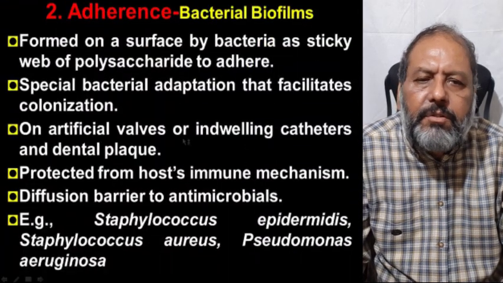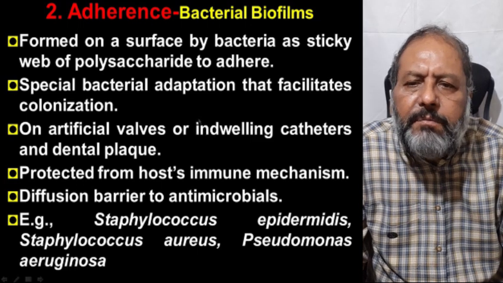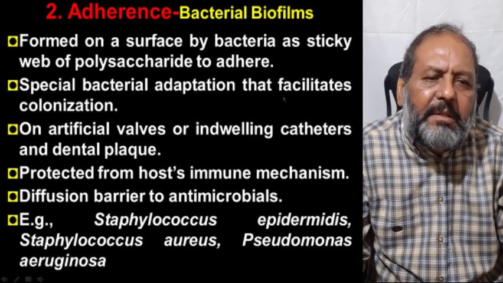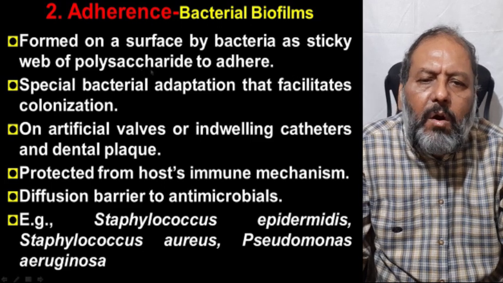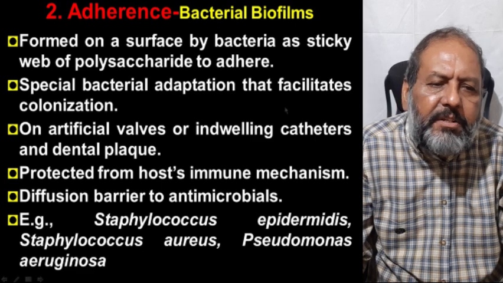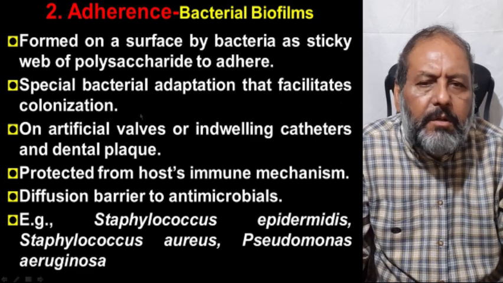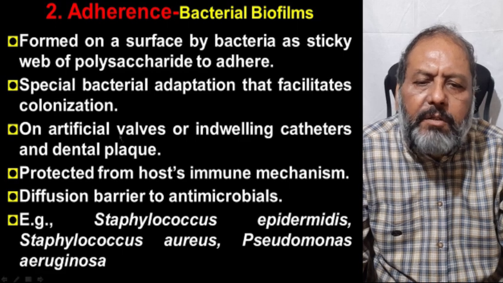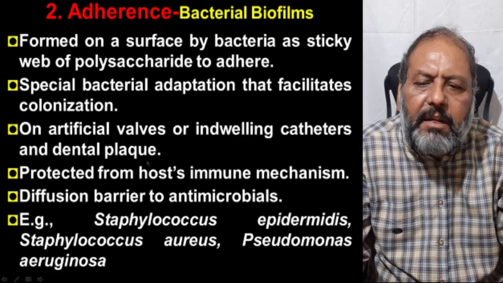So, adherence by the bacterial biofilms. The biofilms are formed on the surface by the bacteria as a sticky gum-like web of polysaccharide to adhere, a special bacterial adaptation that facilitates colonization of the bacteria on the artificial valves or the indwelling catheters and the dental plaque.